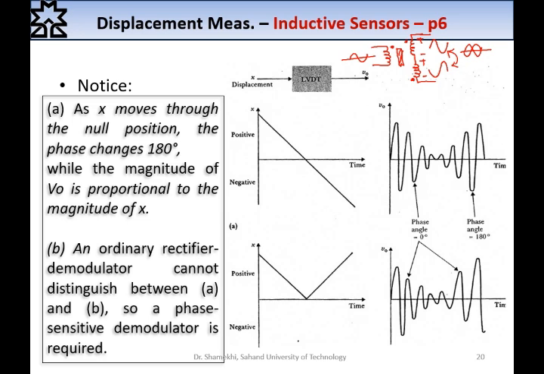But if the core is located here, the output of secondary 1 is high and the output of secondary 2 is low, as I told you before, and adding these two signals together leads to a signal something like this.